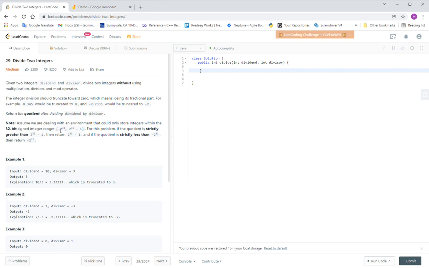Range is from this one to this one. So they have a little different, right? And if the result is more than this one, or less than this one, we will need to return those value.